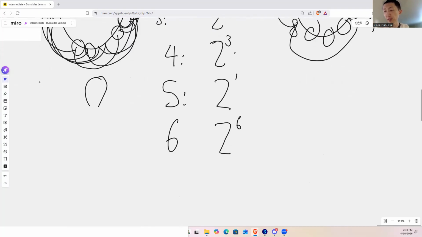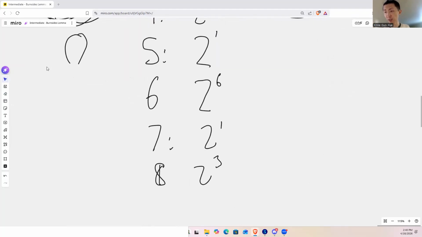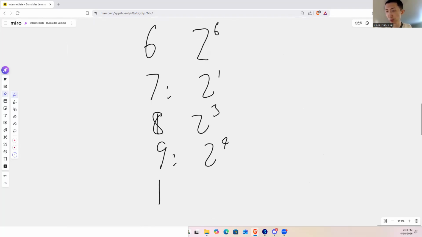By symmetry, 7 is the same as 5, 8 is the same as 4, 9 is the same as 3, 10 is the same as 2, and 11 is the same as 1.